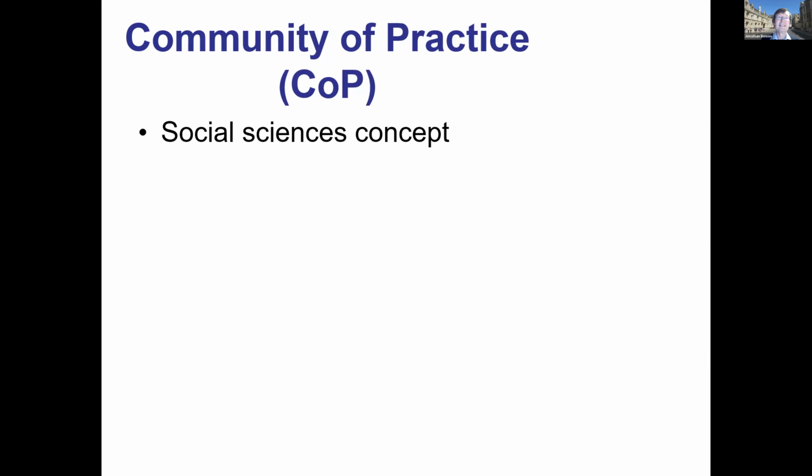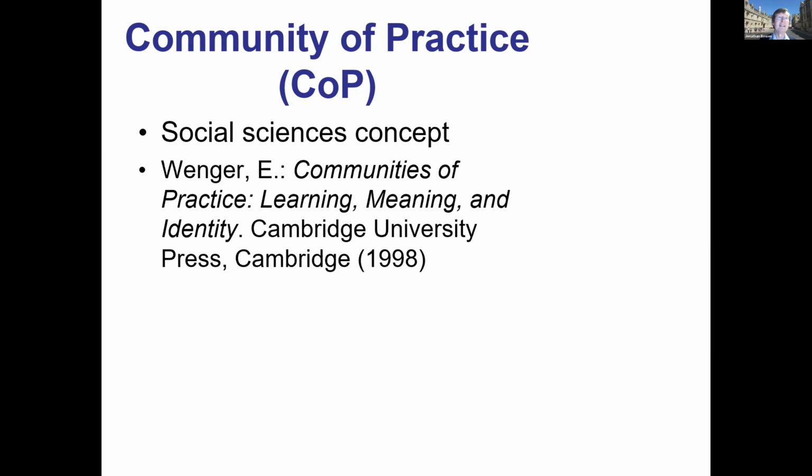And more recently, I've looked more at interdisciplinary aspects of research. And so I've been doing research with sociologists, philosophers, and so on. And in the social sciences, there's this concept of a community of practice, which is a way of thinking about how communities develop that have some particular aim.